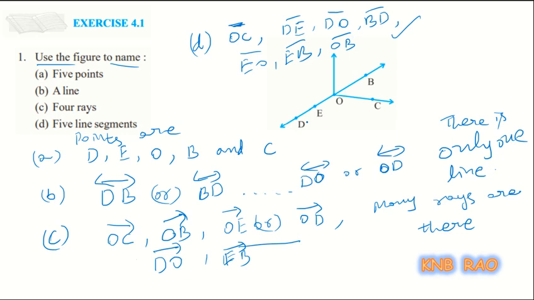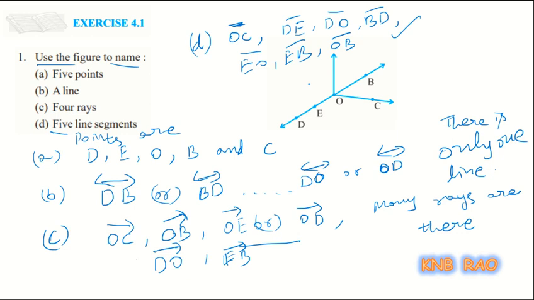Like this I can say DE, DO, DB 3, EO and EB, that 2 more, and OB total 6, and here 7. So, you are asked to only name any 5, you can take any 5 out of this 7.